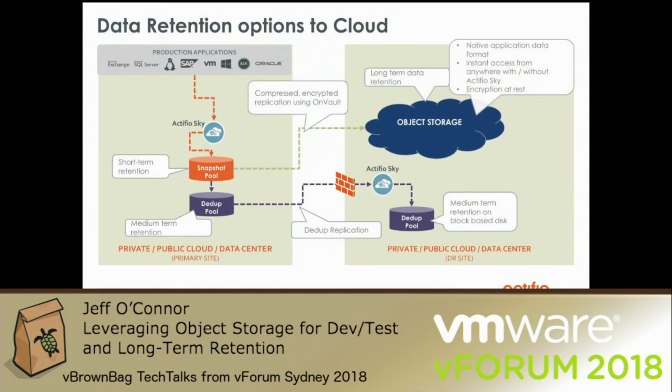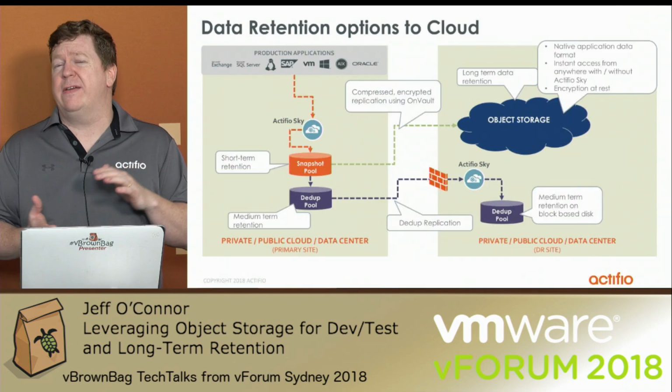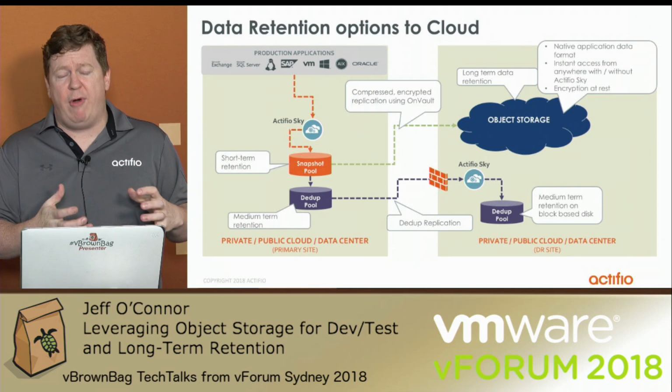So what I've got here is just a brief diagram on how you can get data into object storage. On the left-hand side, we've got your applications and data set, your virtual machines and information. Using Actifio Sky, you can store that data on-prem in a snapshot pool for short-term retention. You can also dedupe it for what I classify as medium-term retention on-prem.